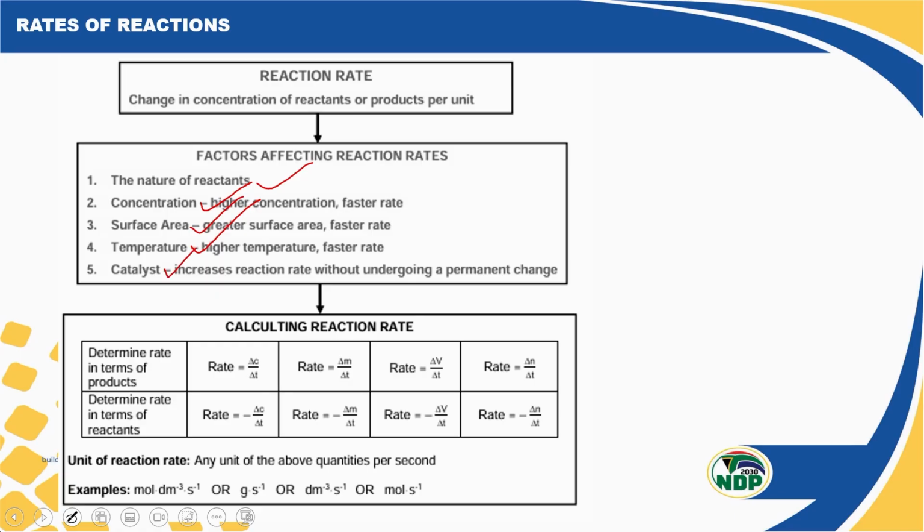Now you need to know, when you are looking at concentration, the higher the concentration, the faster the rate of reaction. When you look at the surface area, if the surface area has been increased, the rate of reaction increases. Three, when you look at the temperature, when temperature is increased, the kinetic energy of particles increases.